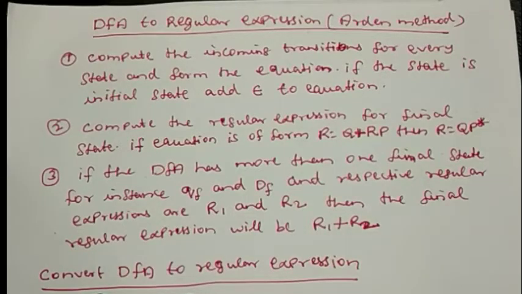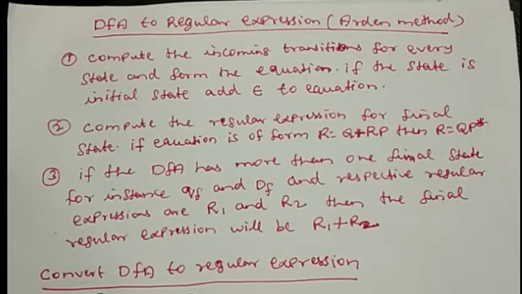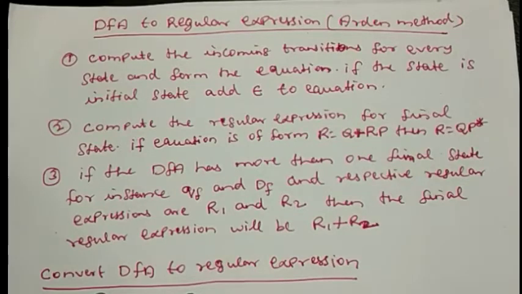So this formula we will be frequently applying in Arden method to get the regular expression. And finally, if you have more than one final state, for instance QF and DF, which are two final states, and the respective regular expressions are R1 and R2, then you just make a union of these regular expressions. So the final regular expression will be computed as R1 plus R2.